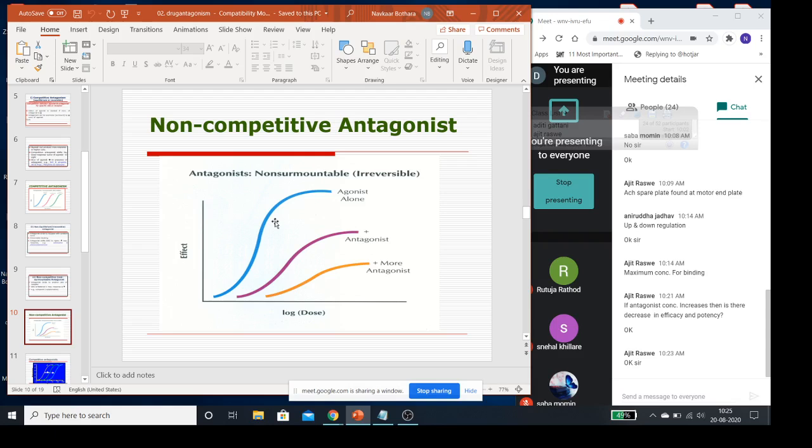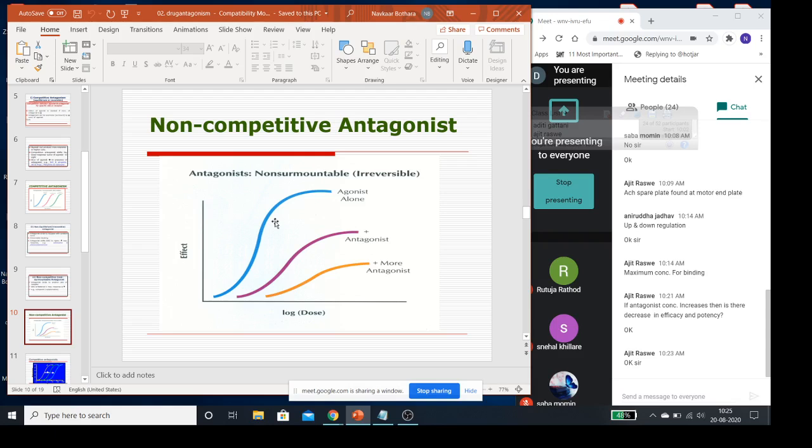doses. Because of the antagonist which has caused irreversible blockade, some of the receptors are permanently occupied. These are receptors on which the agonist will not be able to bind.